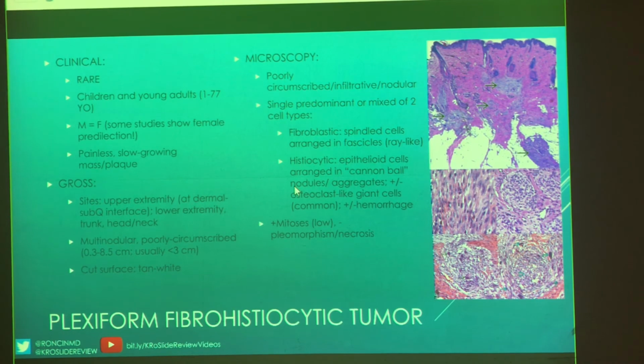These often involve the upper extremity, whereas we saw some lesions that commonly involve the lower extremity. These are upper extremity, at least when they're involving the dermal subcutaneous interface. You can also see them in the lower extremity, trunk, or head and neck, but the upper arm, like arms and forearms, is where you're most likely to see these lesions.